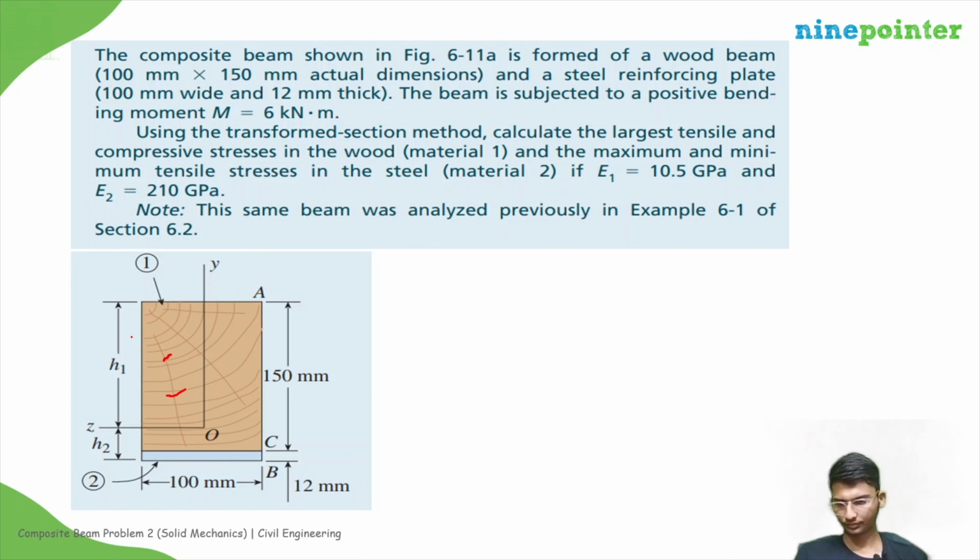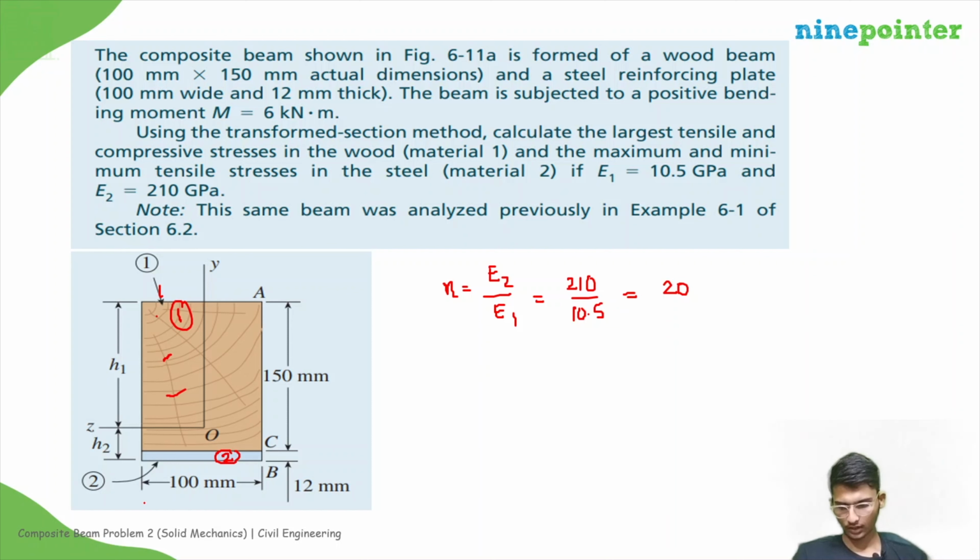So this is material 1 and this is material 2, right? In the transformed section method, we are going to transform one of the materials' cross-sectional area. So let us take the larger value, E2. The modular ratio n will be equal to E2 by E1, that is 210 by 10.5, which is 20.